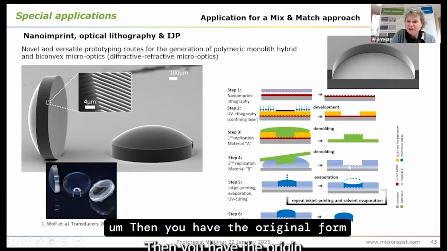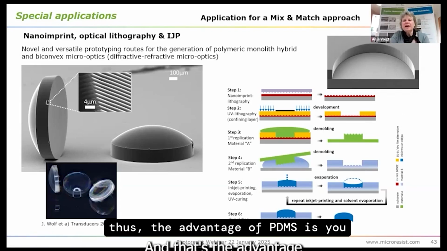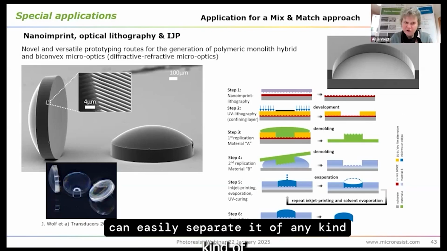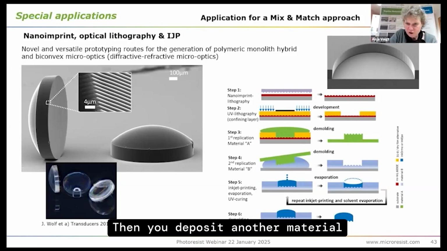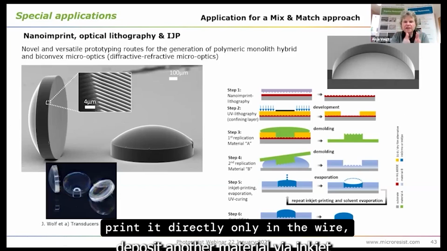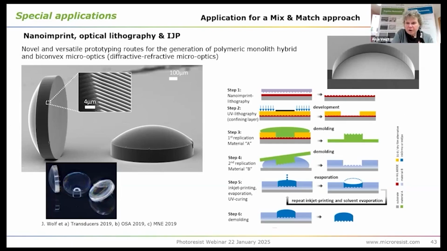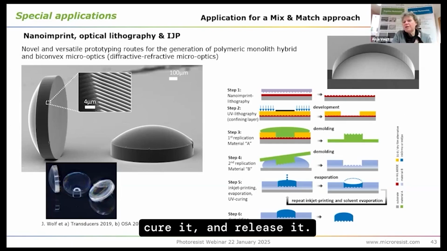Then you have the original form replicated, and that's the advantage of PDMS: you can easily separate it from any kind of material you put in the pattern. Then you deposit another material via inkjet printing directly only in the wire, cure it, and release it.